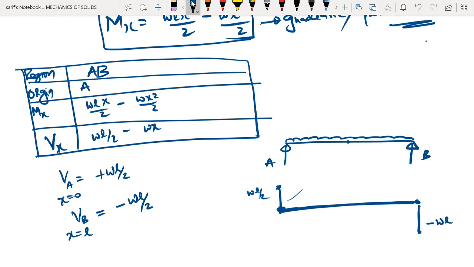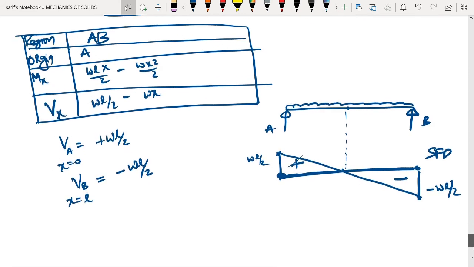All that we have to do is join it by a straight line. This will be negative, this will be positive. So this is your shear force diagram for the beam, and this is going to come exactly at the center. Next we need to draw the bending moment diagram.